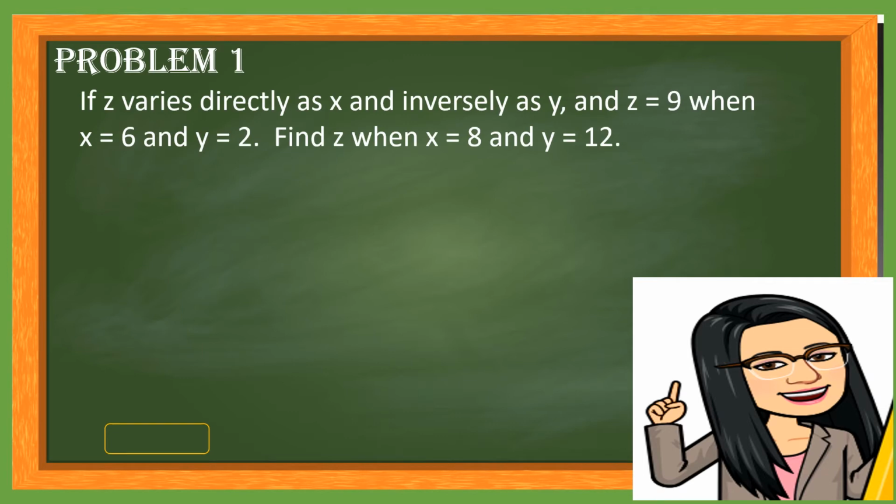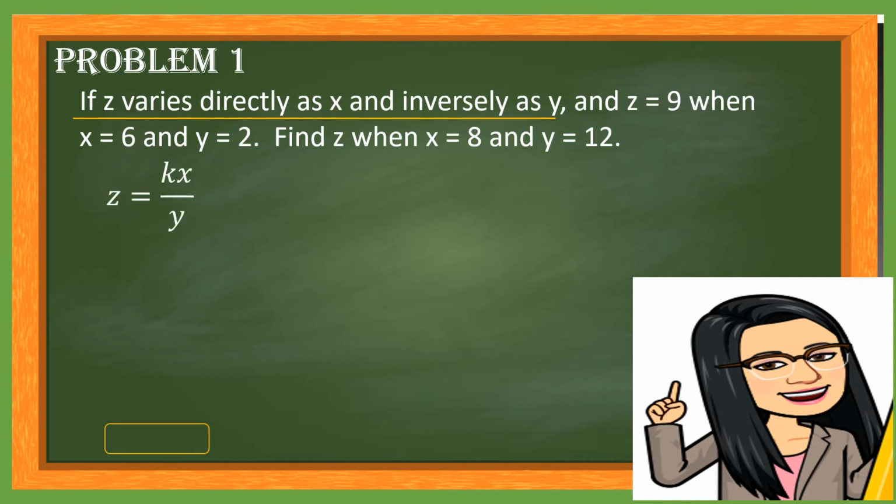If Z varies directly as X and inversely as Y, and Z is equal to 9 when X is equal to 6 and Y is equal to 2, find Z when X equals 8 and Y is equal to 12. So using the statement, Z varies directly as X and inversely as Y, we have to use this to find the variation symbol.